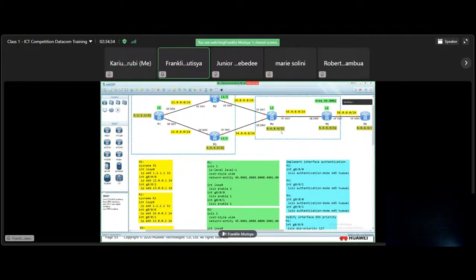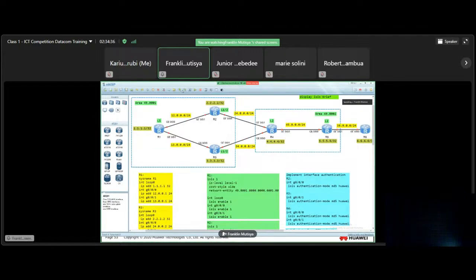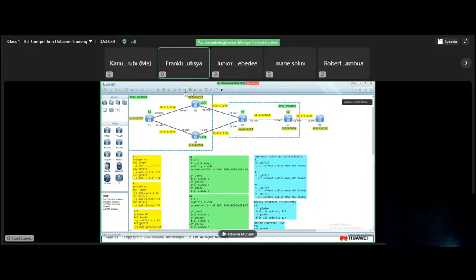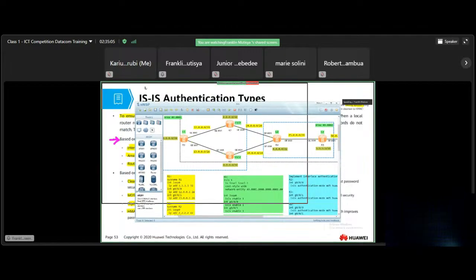We have a topology here, which is defining ISIS communication between two areas. You can see we have area 49002 and area 490001. I'm going to start the routers that are involved here. Let's give it a second. Then I'm going to rearrange my screen a little bit so that you can see.